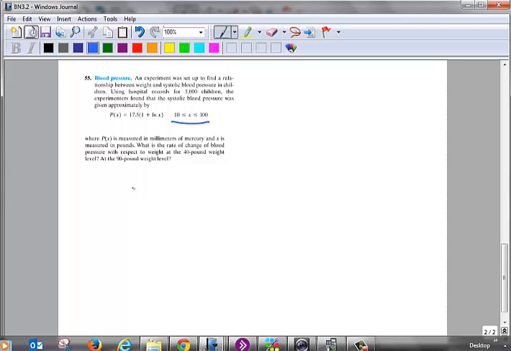So what is the rate of change in this case? That means we want to find the derivative P prime of x, and then we want to evaluate that derivative at 40 pounds, and in the second part at 90 pounds. I won't do that second part.